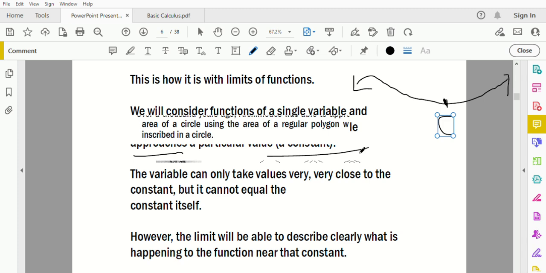The limit will be able to describe clearly what is happening to the function near the constant. Since we are studying the behavior of the function as the variable approaches the constant, the limit will be able to describe what happens there.